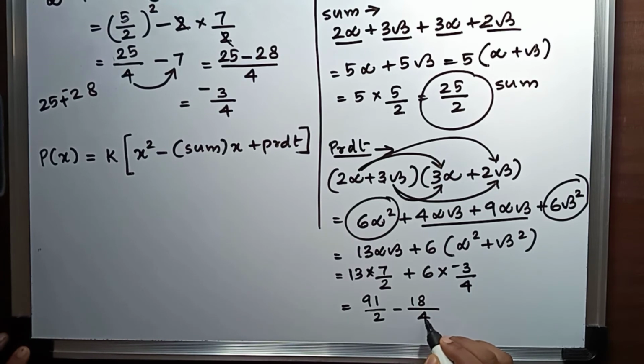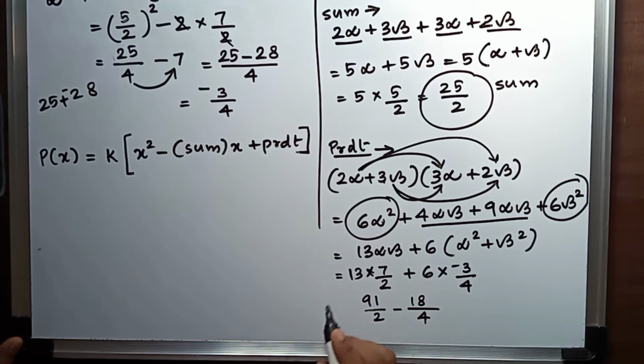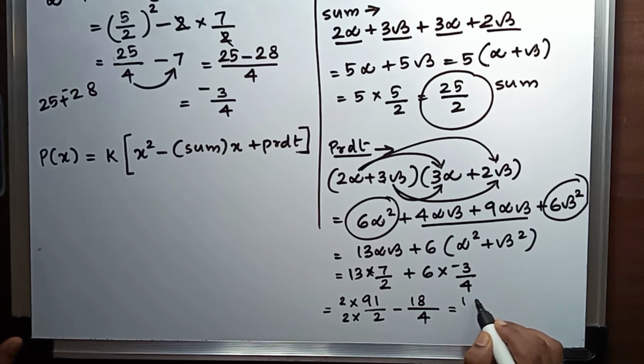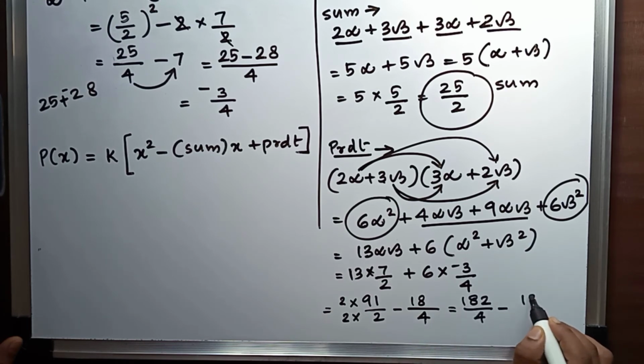Okay. Here we have a 4 here and here we have 2 as the denominator. So what we will do? We have to equate. See, all the fractional parts should have the same denominator. Then we can do this subtraction very easily. So we are going to just multiply this numerator and denominator by 2. Okay. 2 into 91 is 182 by 2 into 2, 4 minus 18 by 4.